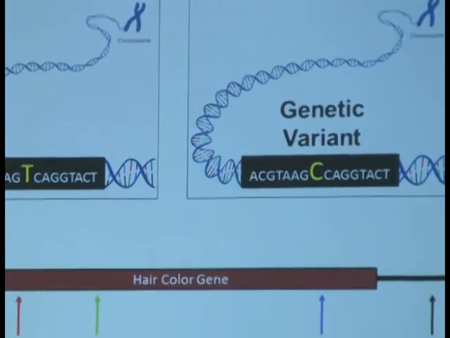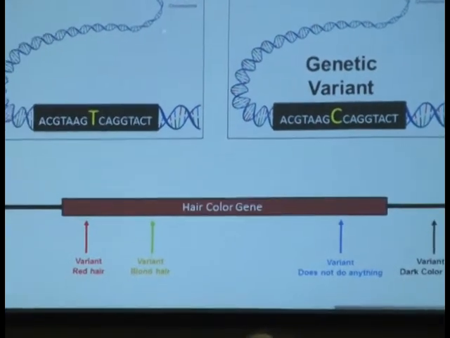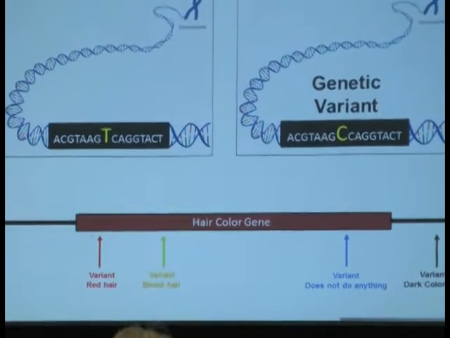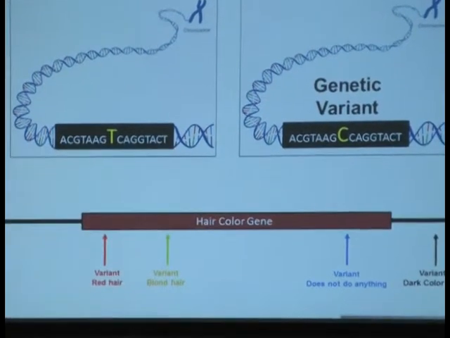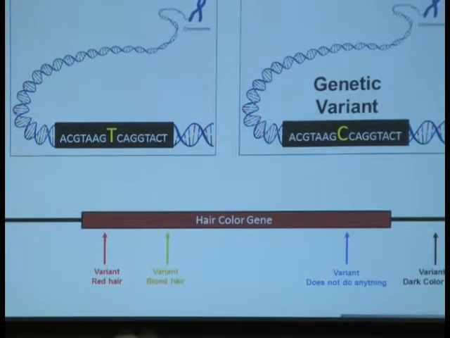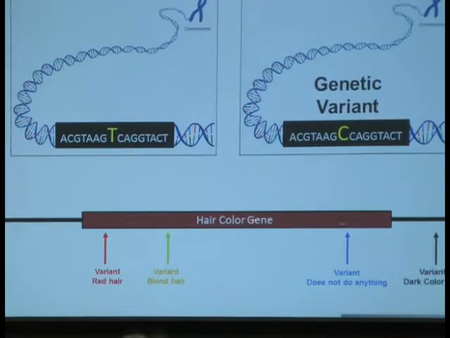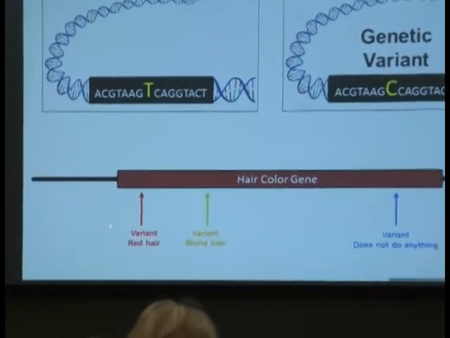In these long strands of DNA, we have coding sequence that defines protein. It's the functional component of the human genome. I'm giving you an example here of a gene that perhaps codes for hair color. You might have a genetic variant in this gene that might predispose you to have red hair.